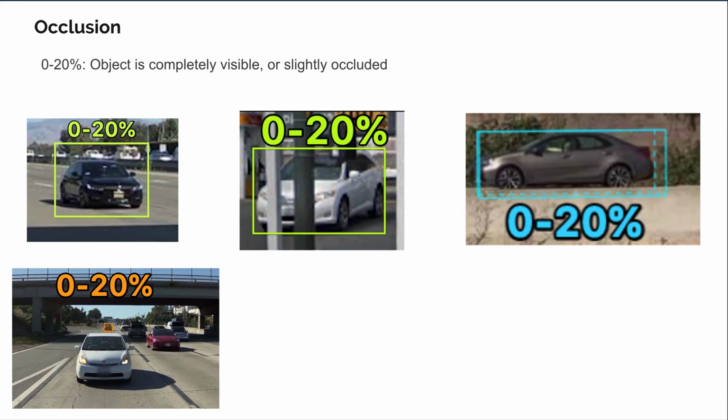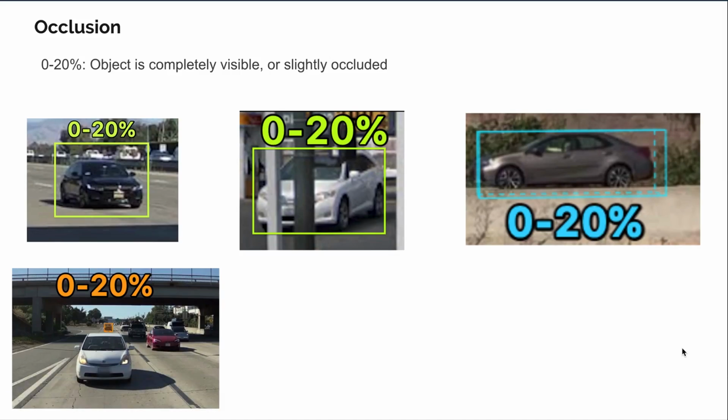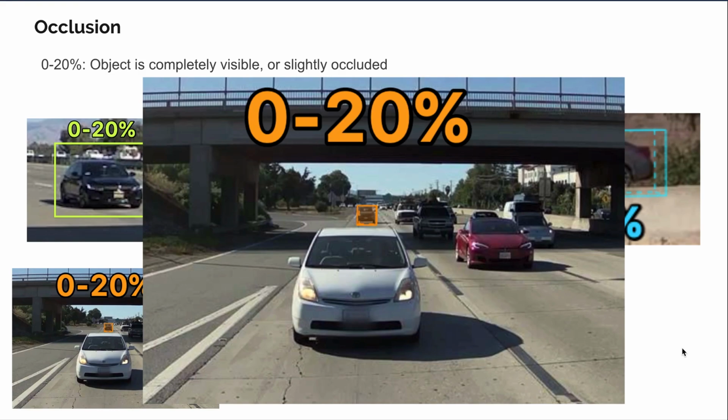Otherwise, there's slight occlusion on this car right here. The freeway dividers are very minimally blocking our view of the car, but in the other examples, they're not being blocked off at all. Even though in that bottom example right here, let's get a bigger view of it.